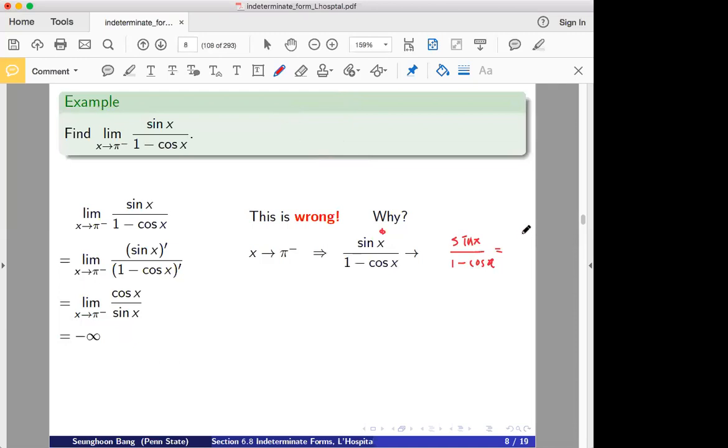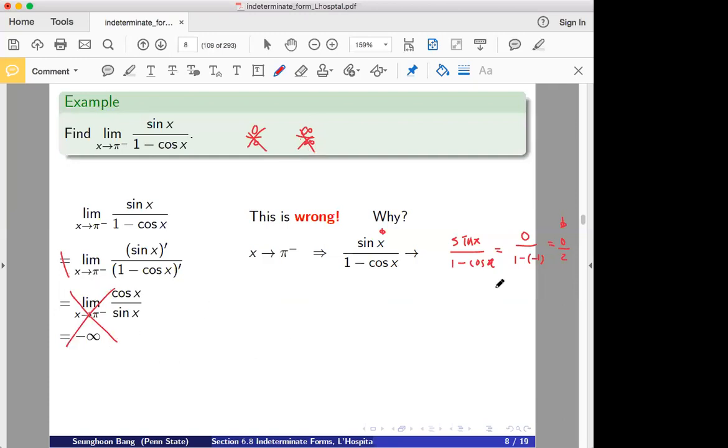Sine of pi is 0. 1 minus cosine of pi is 2. We have 0 over 2. That is not 0 over 0 form, not infinity over infinity form. What does it mean? Don't use L'Hopital's rule. So this is wrong.